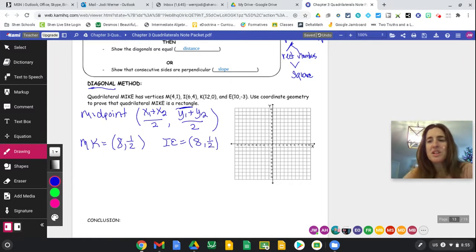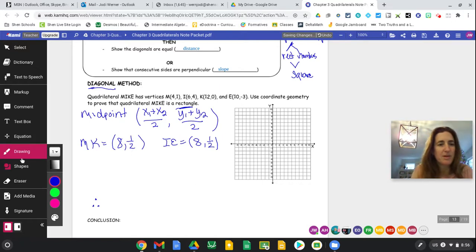If you don't trust me, you can plug the numbers in yourself. You can see that they share the same midpoint, so I can write that conclusion. I'm going to run out of room, so I'm going to put a little therefore right here, even though it's above that spot.